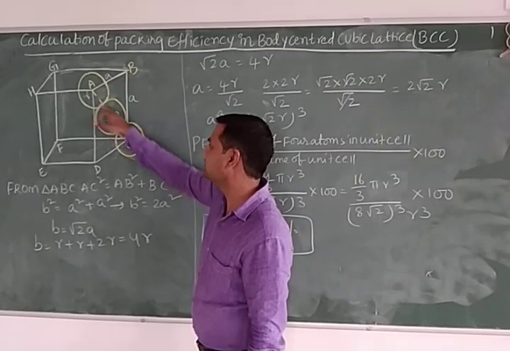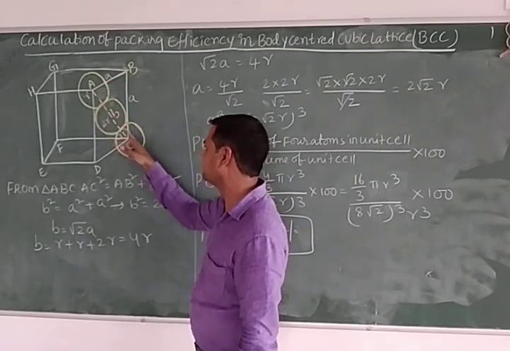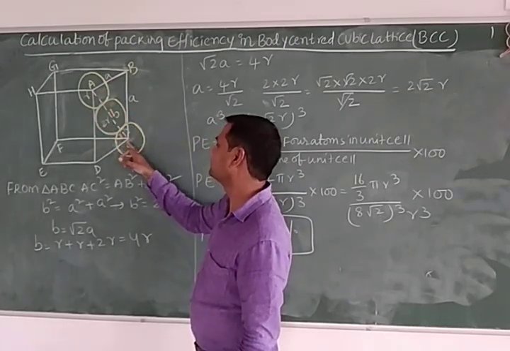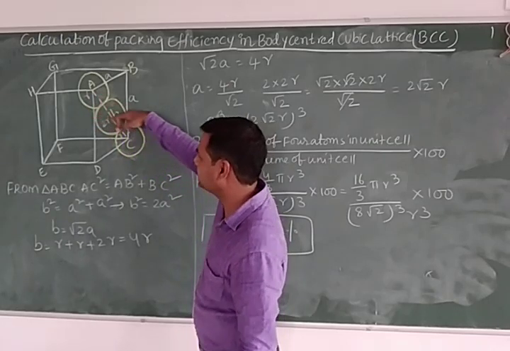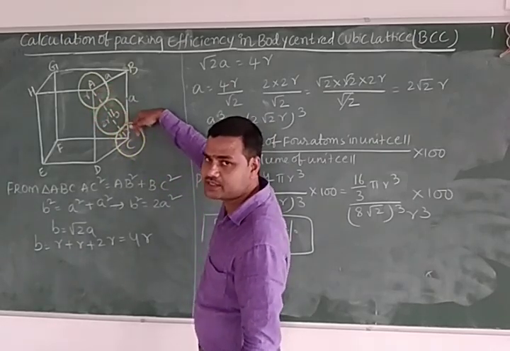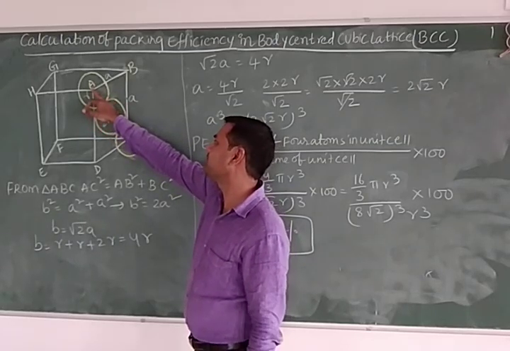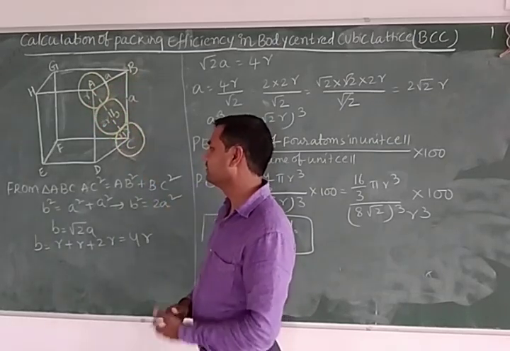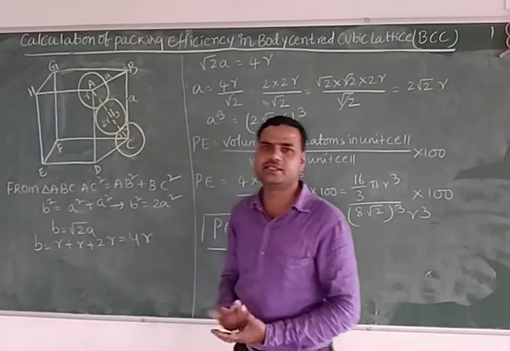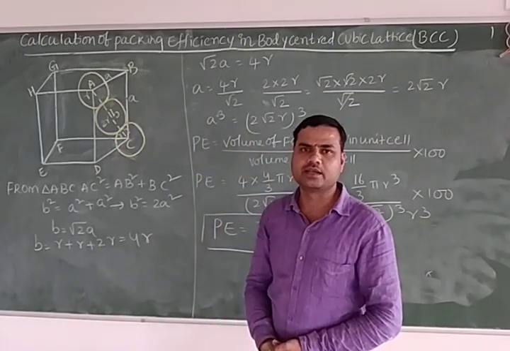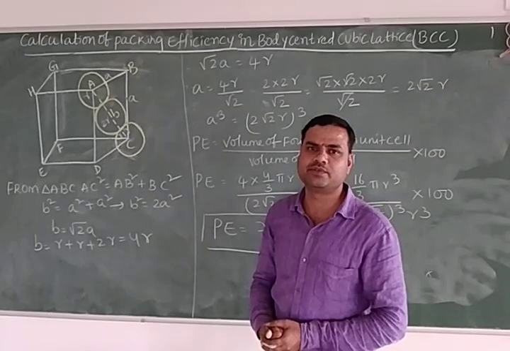Sorry, it is a face diagonal because it is present on the face. By connecting the face diagonal, a triangle ABC is forming. Now you know that radius is denoted with r.